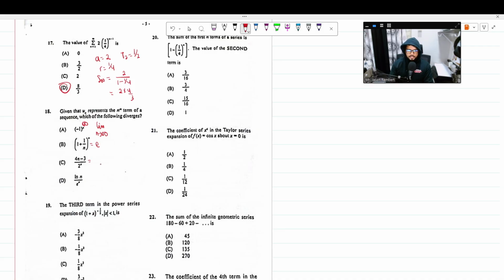As the limit as n tends to infinity for this one here, we will get a number. The denominator will be 0. We could use dividing by the highest power, or we can differentiate top and bottom.